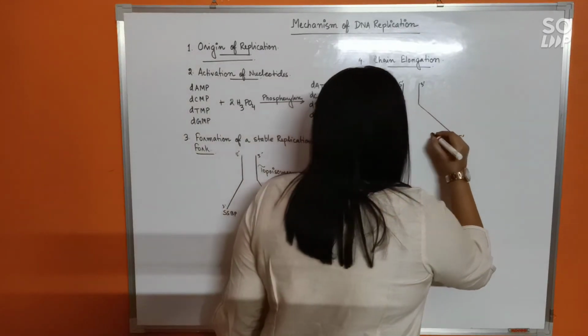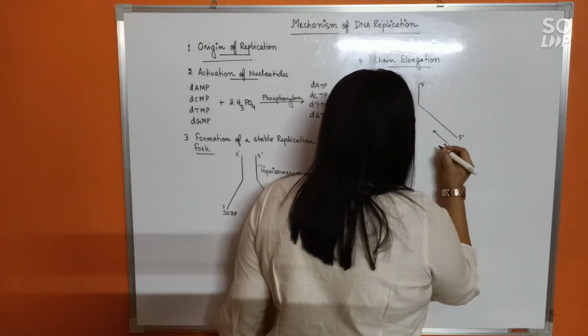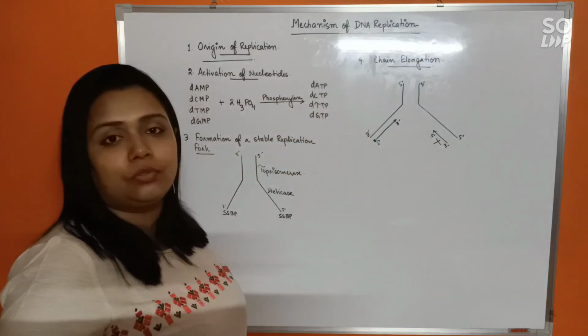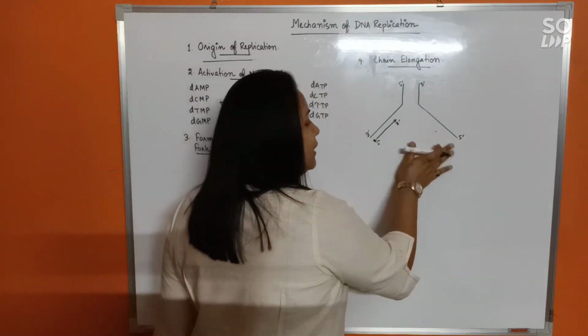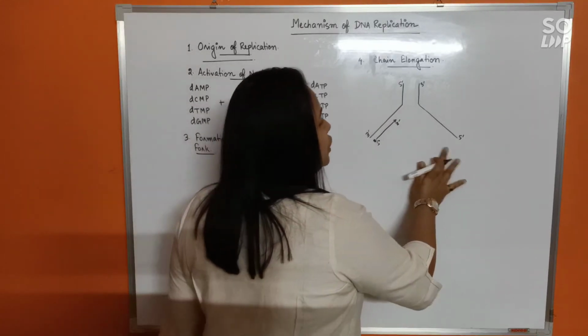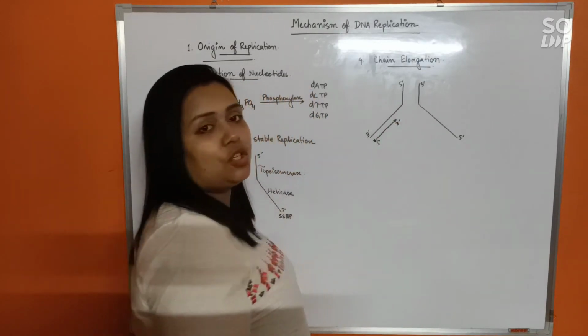In this chain, the polarity of the daughter strand should be 3' to 5', and that DNA polymerase cannot do, right? So keeping this in mind, this time the chain elongation will begin from the opposite end of the replication fork.